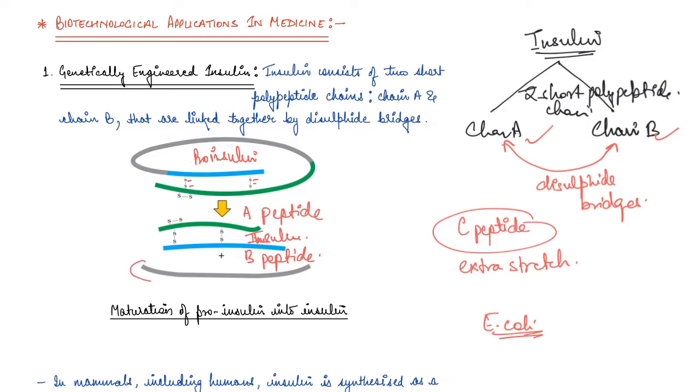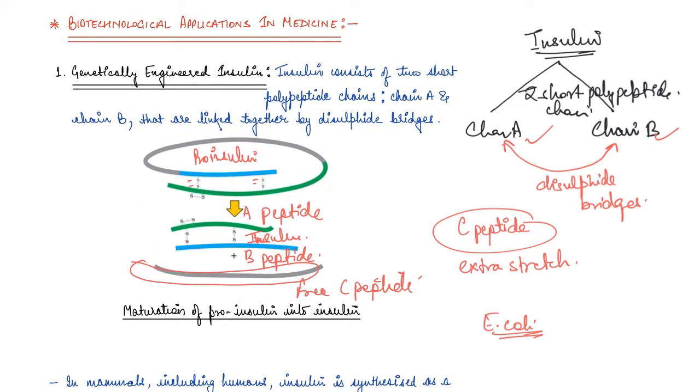And this that you see is the free C peptide, right? So C peptide is removed to form a complete, mature insulin. This is the mature insulin, and this is the proinsulin, right?